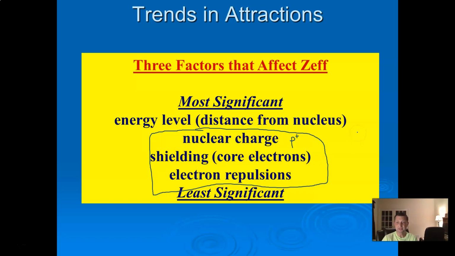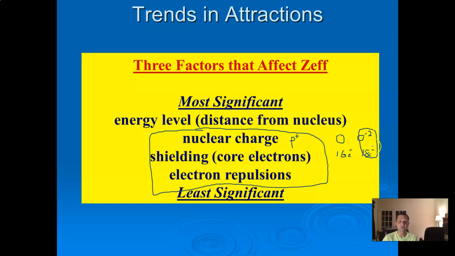Okay? So a good example of this is exactly that. If you have O and you have O negative 2, energy levels, tie. Nuclear charge, tie. Both have 8 protons. Shielding, tie. What's left? Electron repulsions. Oxygen has 16 electrons. Oxide has 18. All right, so there are more electron repulsions here.